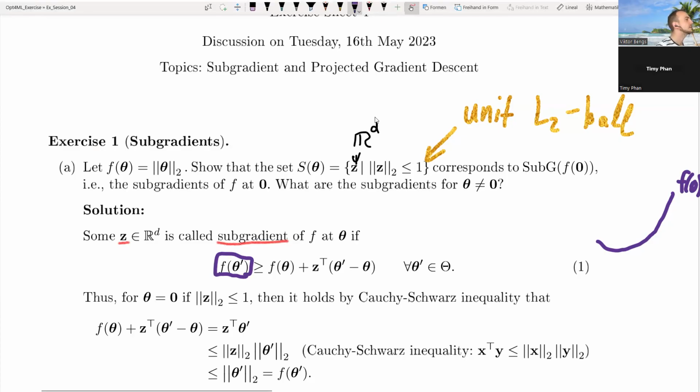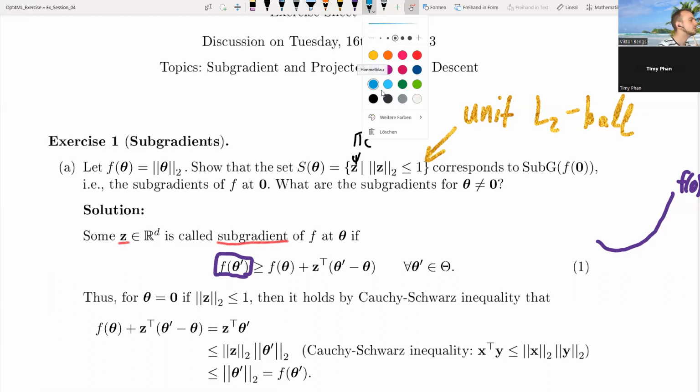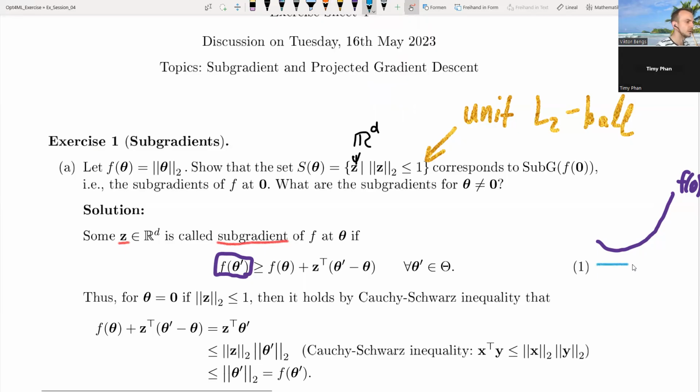We have that at some point theta, which we pick, let's take blue, this is the theta.